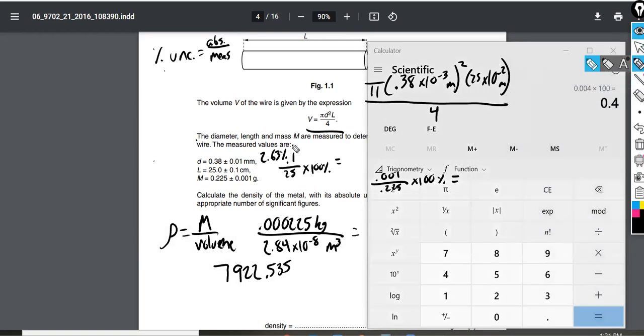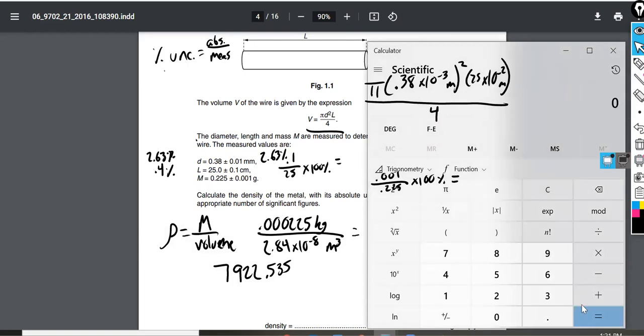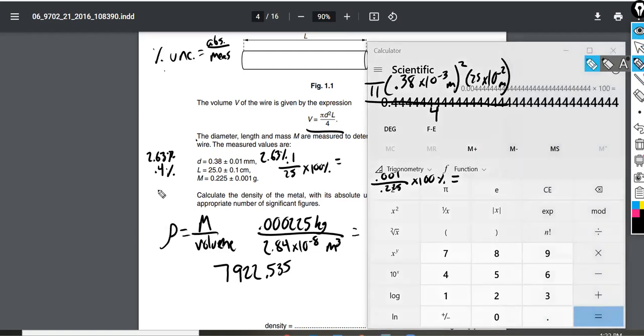So there's only 0.4%, less than half a percent uncertainty from L. Lastly, we have 0.001 divided by 0.225, times 100, add a percent sign, 0.44 repeating percent.